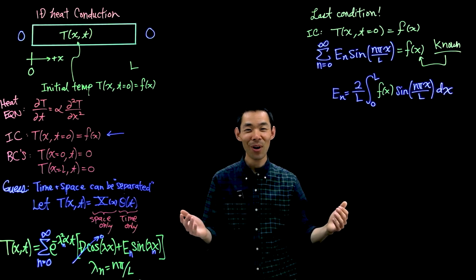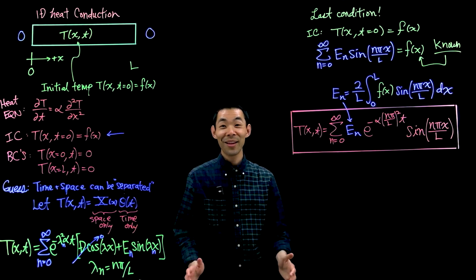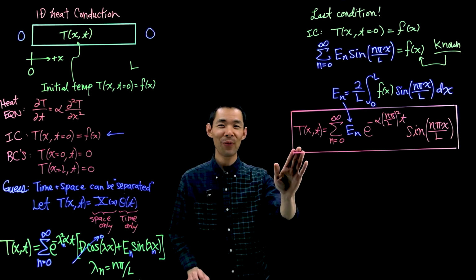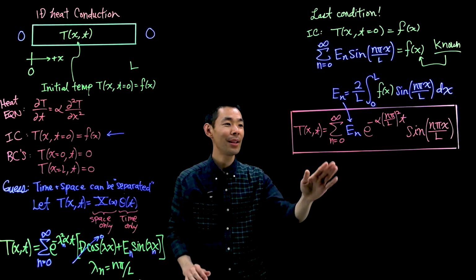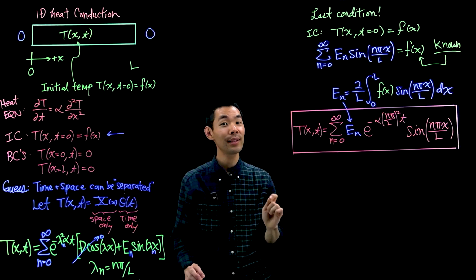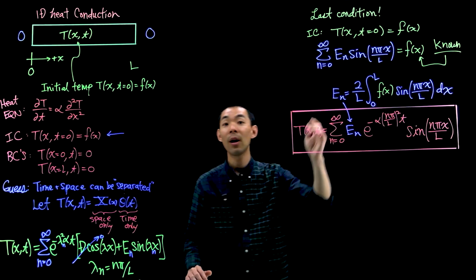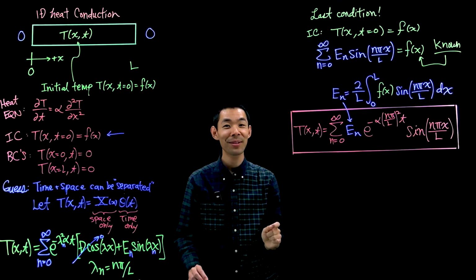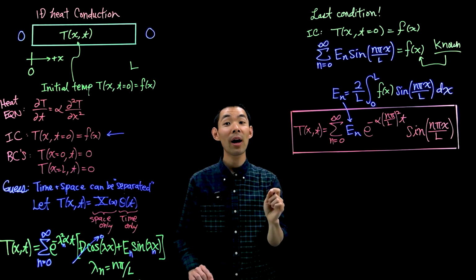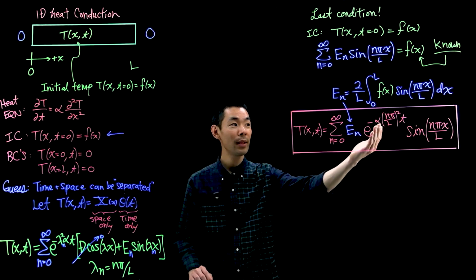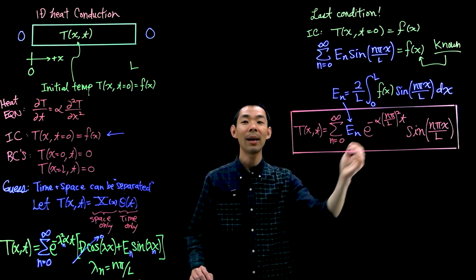Okay, so we're done with our problem. Let's write down our final solution. And there we have it. We have our temperature profile, which is a function of position x and time, as a summation over all indices n of some coefficient E sub n, which we know up here from using orthogonality in the Fourier sine series, times an exponentially decaying function that depends on the thermal diffusivity alpha and your eigenvalues n pi over L times the time t.